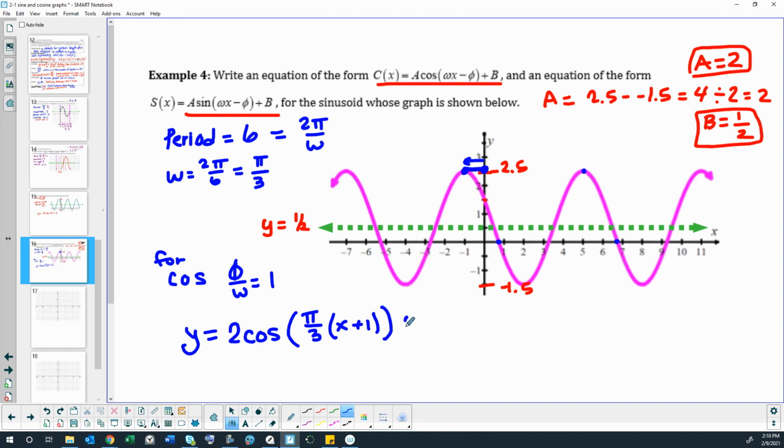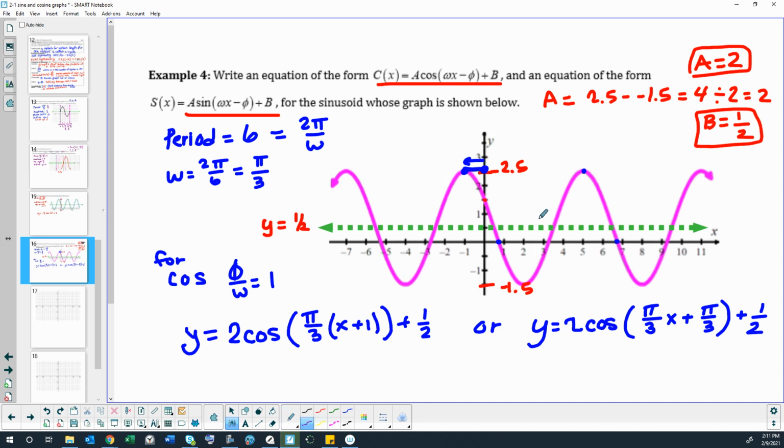And then out here we would have +1/2. So we could leave our answer like this, or we could write it as 2 cosine pi thirds x plus pi thirds, and then +1/2.